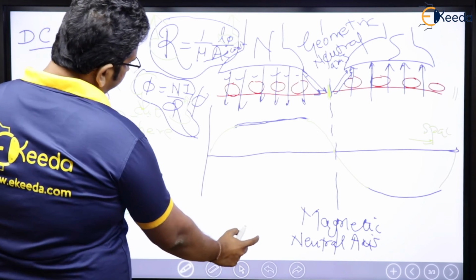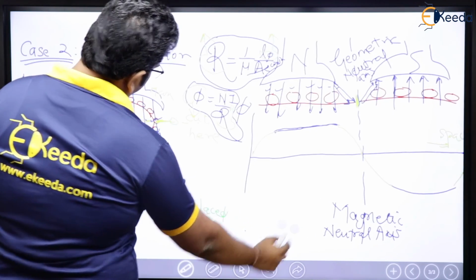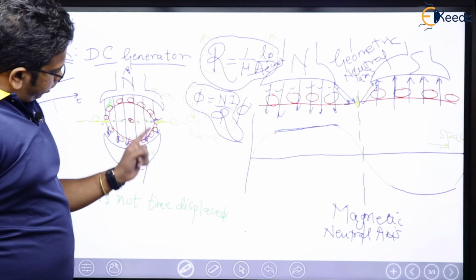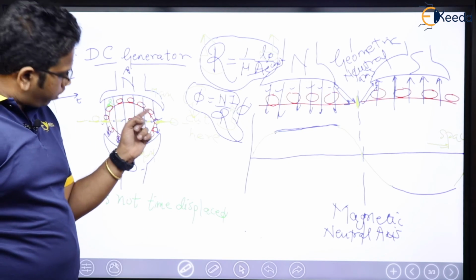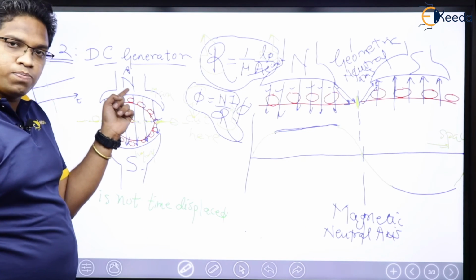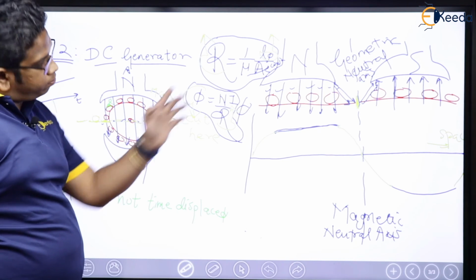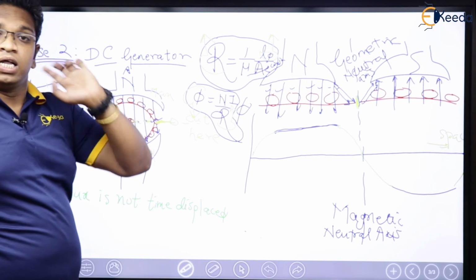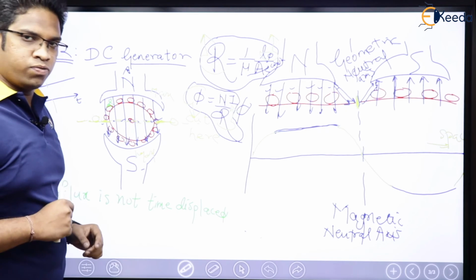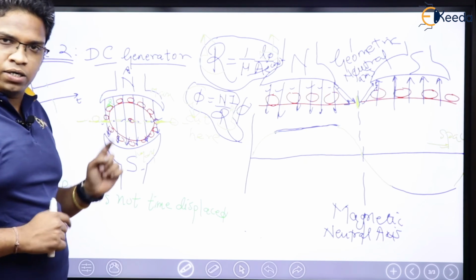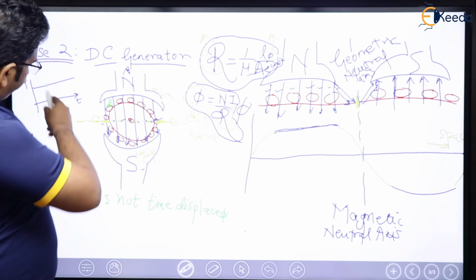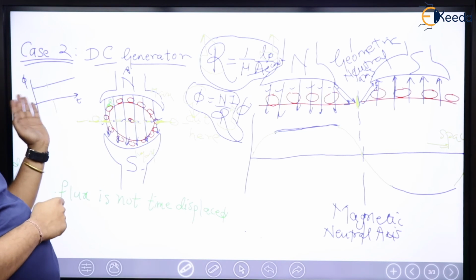Anyway, coming back to our point. We have understood from the figure why here flux is 0, why here flux is positive maximum, and here flux is negative maximum. Now, space displacement means what? Stop the time, right? We have stopped the time. Anywhere you stop, it is going to be the same thing.